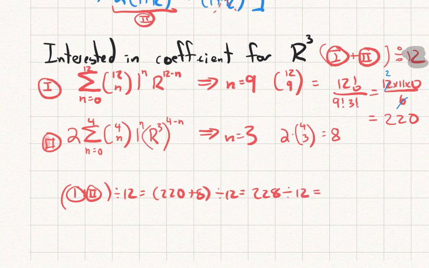And it's fairly easy to check. You can use a calculator or just do this by long division or even just by inspection, that our coefficient is indeed 19. So this way we were able to tell that there are indeed 19 different triads.